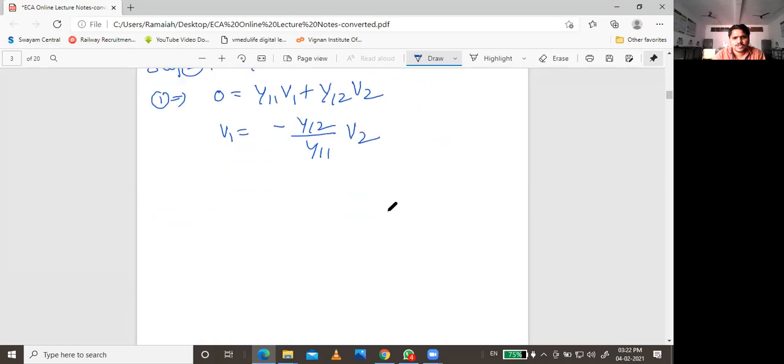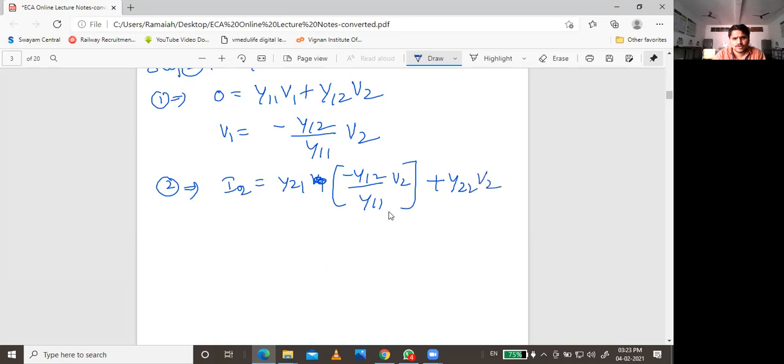Okay, so substitute in the equation 2, then you will get what? I2 equal to Y21 V1, but this V1 value you are substituting here, what? Minus Y12 by Y11 into V2, plus Y22 V2.